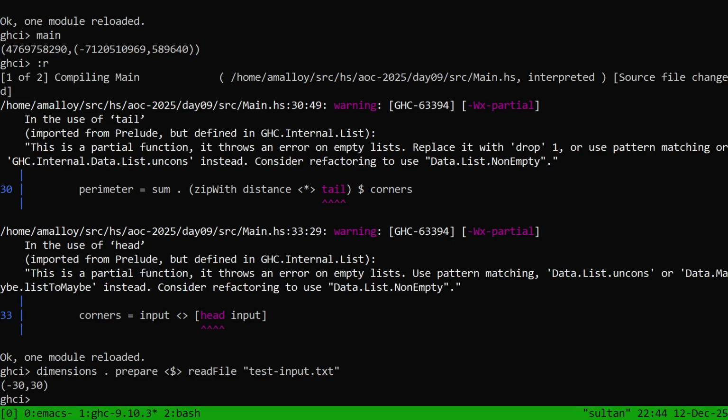Or, yeah, counterclockwise of the direction you trace the shape is outside the shape. And our area is also negative. So we could just use that.